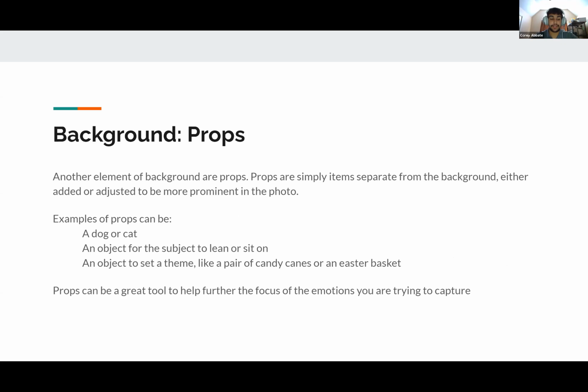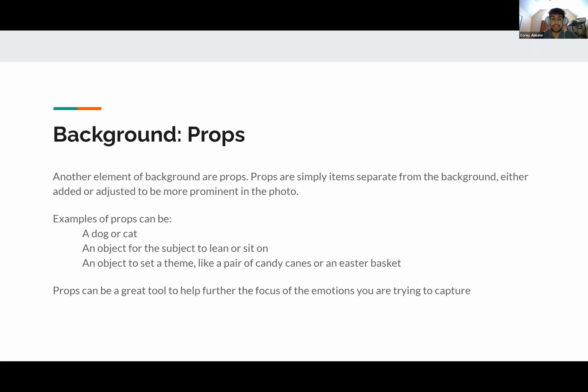So, delving a bit more into background props. A very common thing to see during the holidays is a Christmas bench photo or Christmas photos in the back of a pickup truck. In those instances, the objects that you bring to the setting that are separate from the background, those are what we refer to as props.